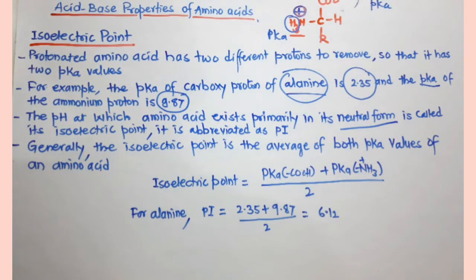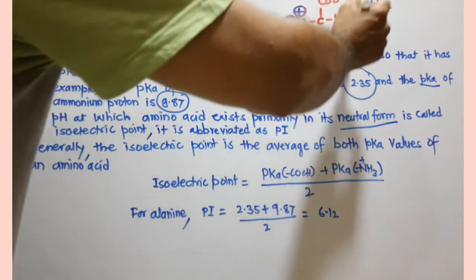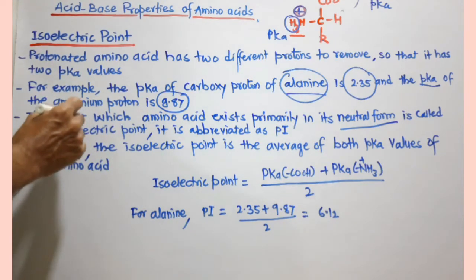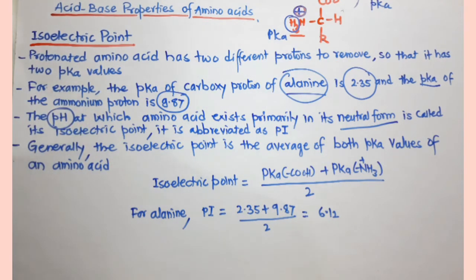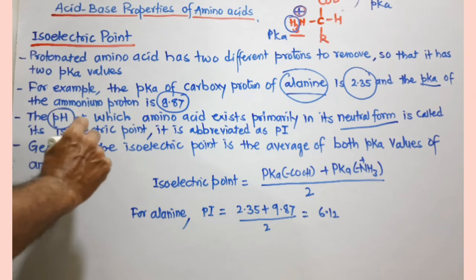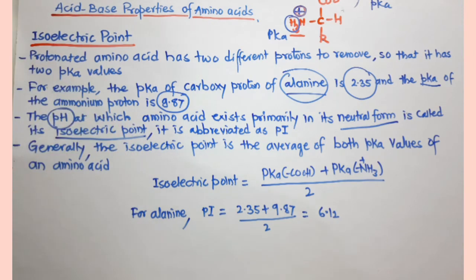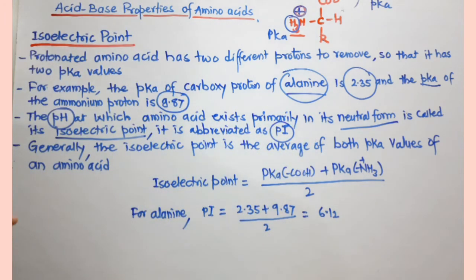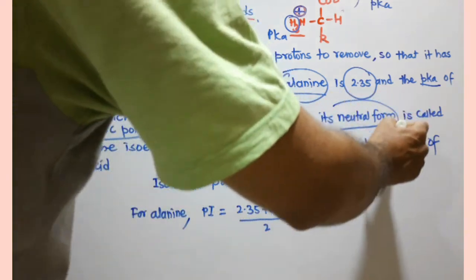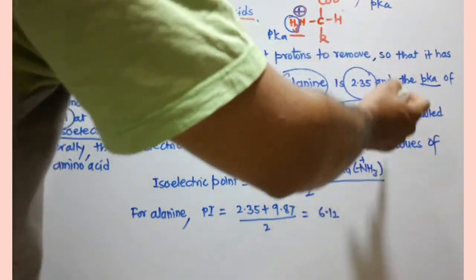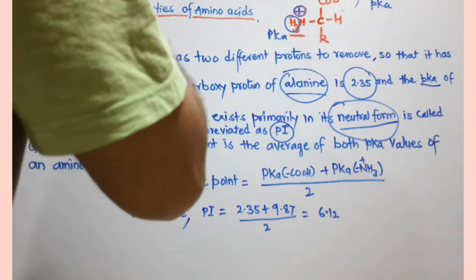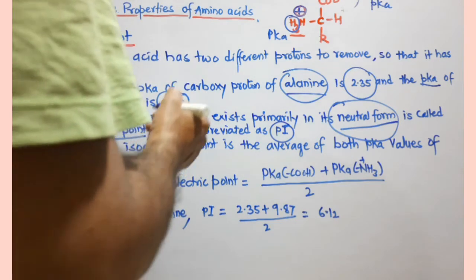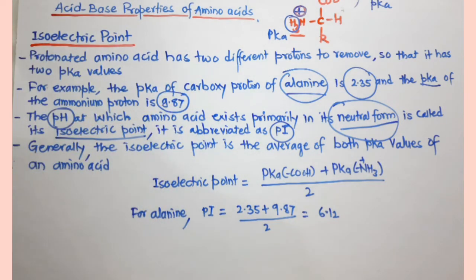That exists at a certain pH, and that pH is called the isoelectric point. Each amino acid has its own isoelectric point, represented by pI. The pH required to form the neutral amino acid is called its isoelectric point.